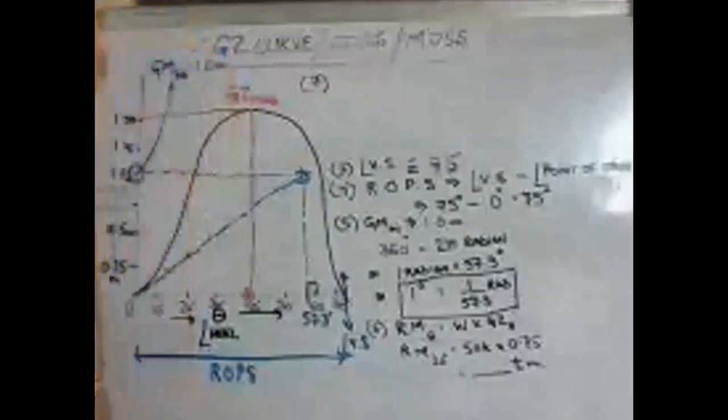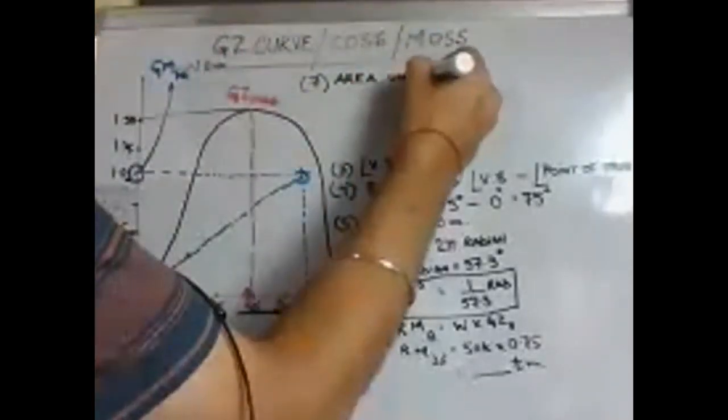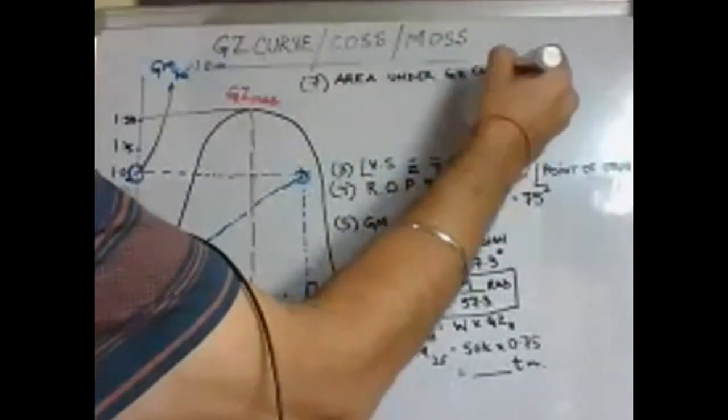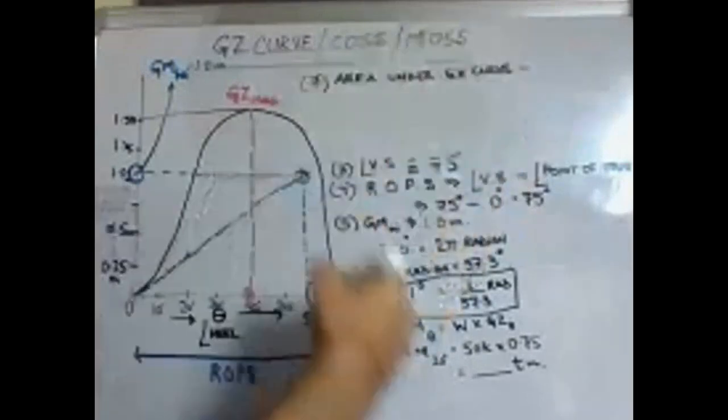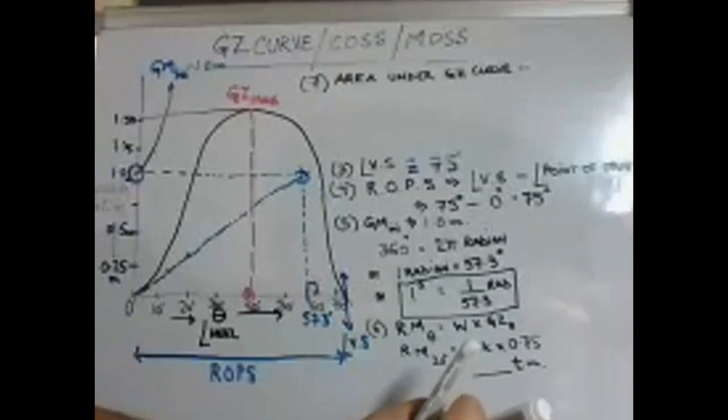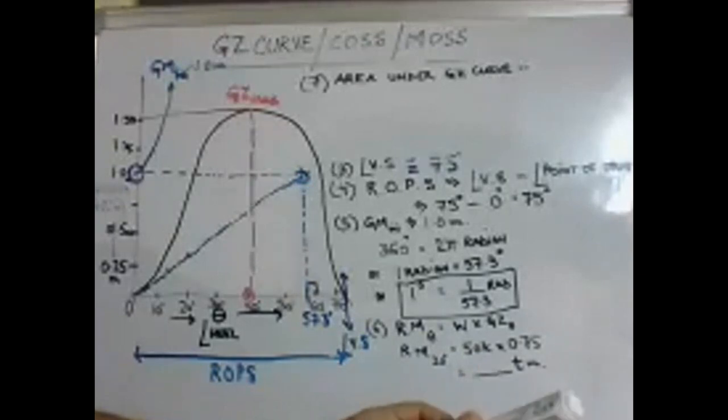Point number 7. Area under the GZ curve. Various areas have been given.